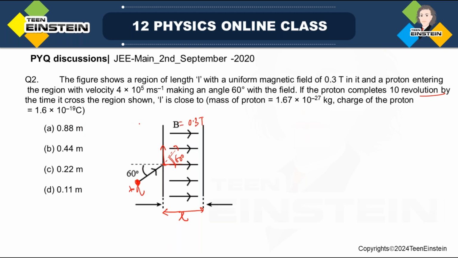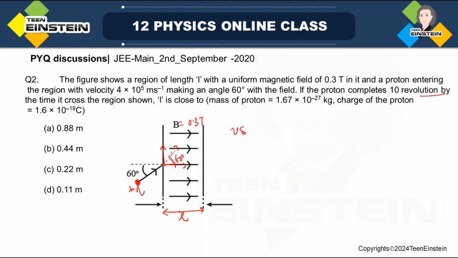Okay, see, in this case, one thing you need to note that this is a charged particle which is moving with a velocity having two components, one parallel to the magnetic field and another perpendicular to the magnetic field. So I can get the perpendicular component V sin theta.